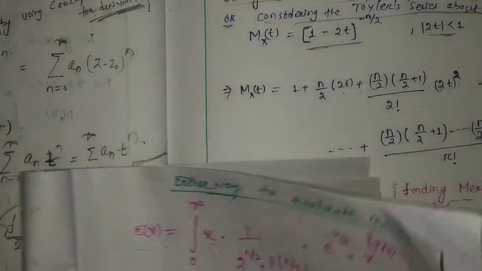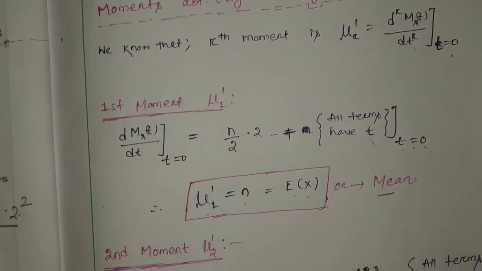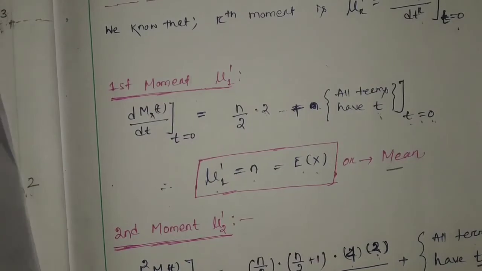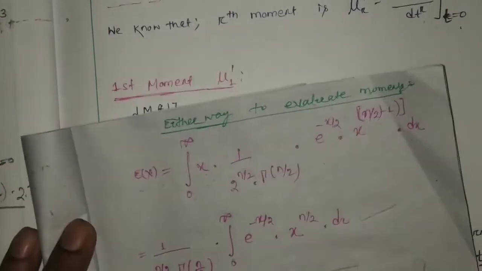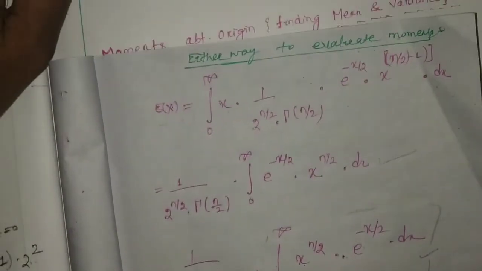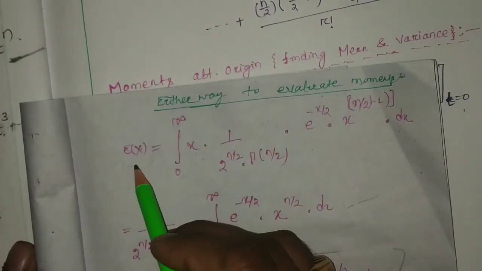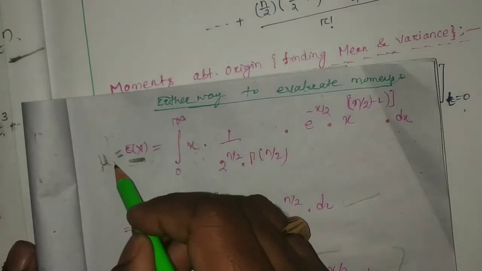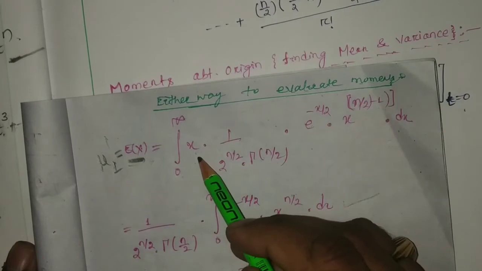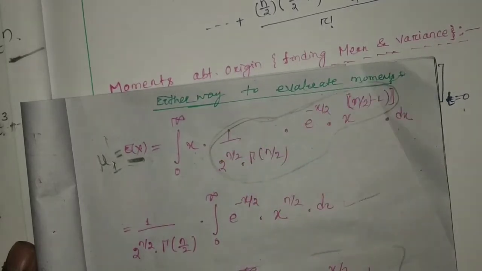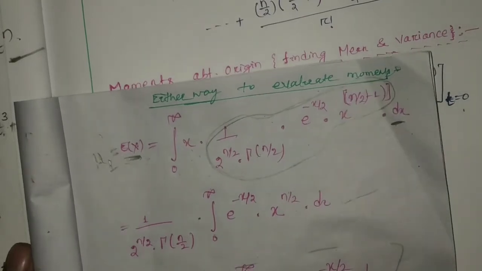I want to say that the moments we found using the moment generating function can also be evaluated the other way. That means, by considering it in this way, expectation of x is nothing but mu 1 dash, the integral from 0 to infinity of x into the PDF of the chi-square distribution into dx, right?